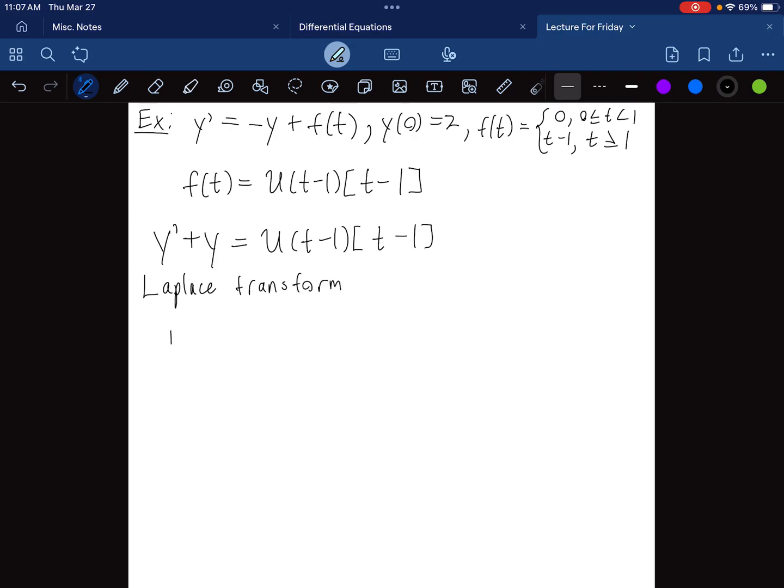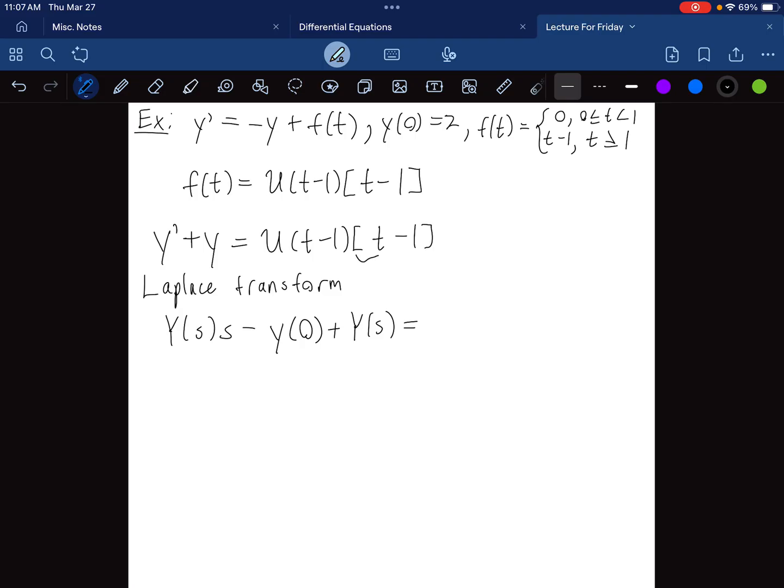So we're going to have capital Y of s times s minus y of 0, plus the Laplace transform of y, which is just going to be capital Y of s. And then for this right-hand side, we're going to use table entry number 5.